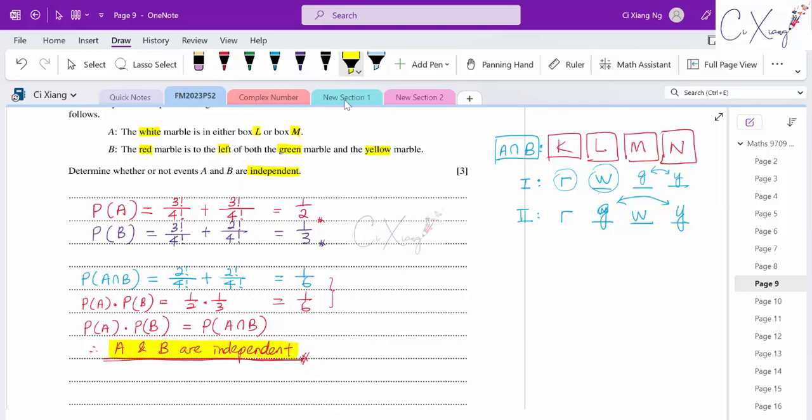So when the values are the same, basically they are independent events. If the values are not the same, then they are not independent. For our question here, these two values are the same, so they are independent.